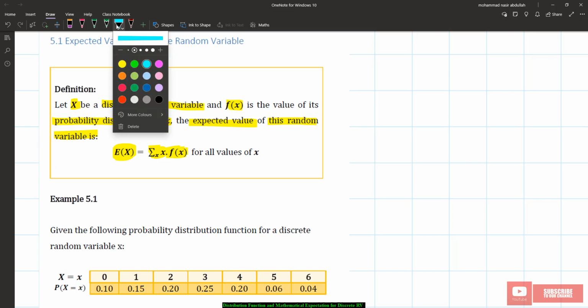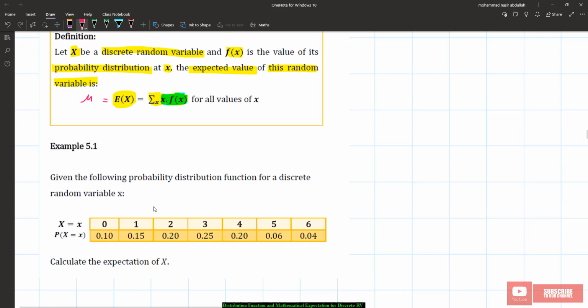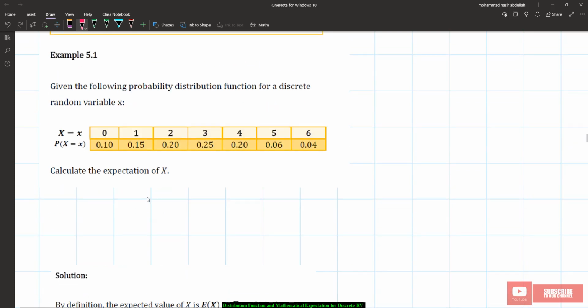So the concept here, we're going to multiply x and f(x). The summation of x multiplied with f(x) is equal to E(x), where E(x) is equal to the mean, or mu, right? So now let's look at example number 5.1.